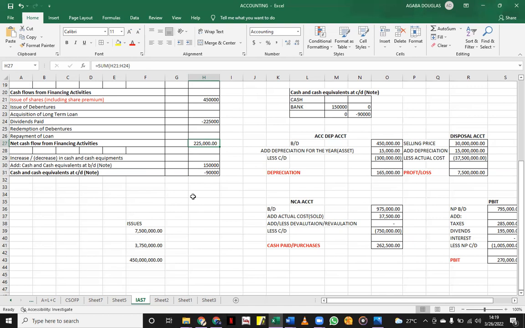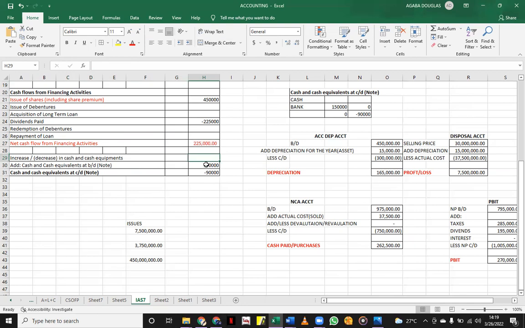The next thing that we need to find out is whether we have a decrease or an increase in our cash and cash equivalents. And how do we do that? We simply get the totals for the nets and add them up together.